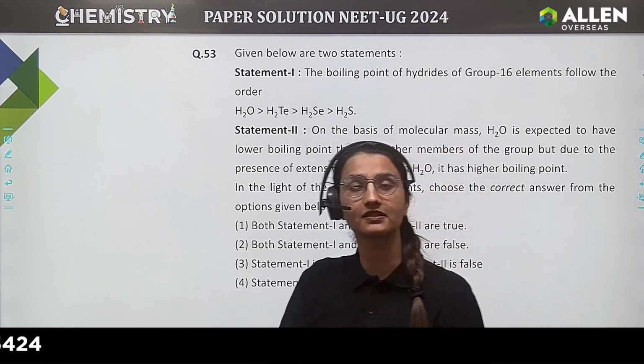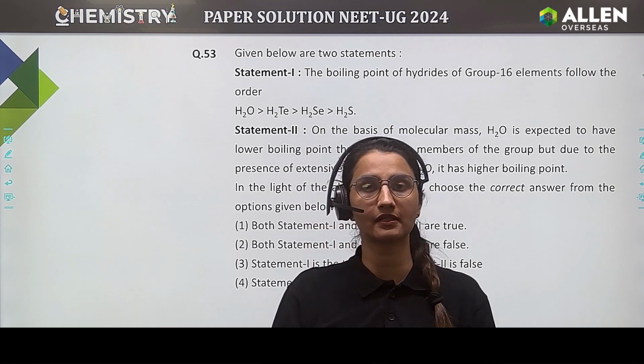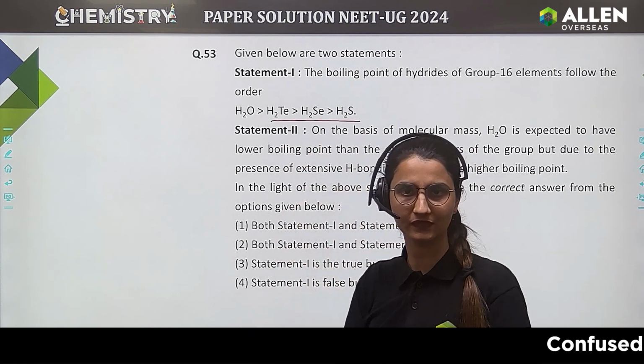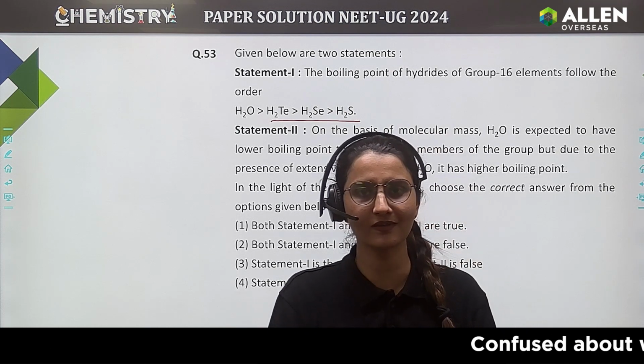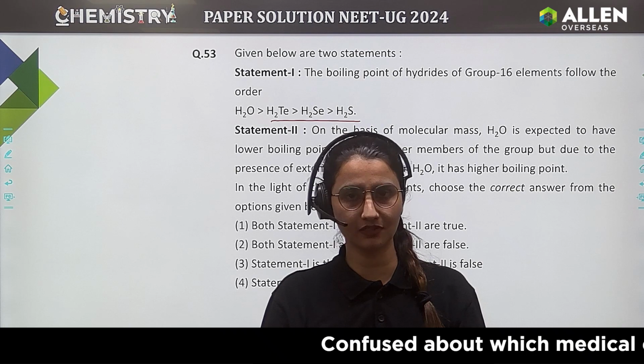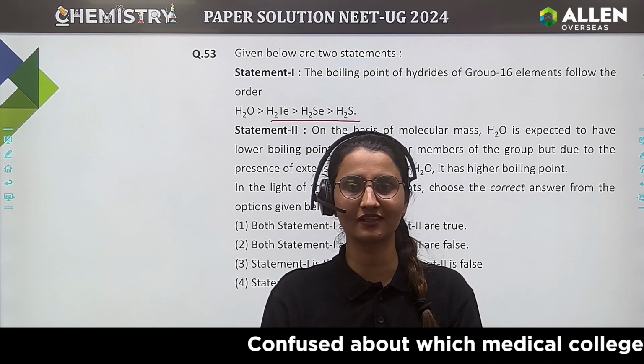And one more concept, students, we know that if I have to compare between these rest elements of group 16, top to bottom, mass is increasing, size also increasing, right?